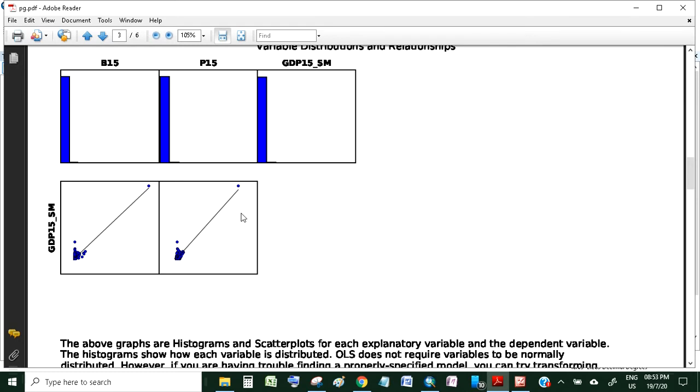Sometimes because of the lower values there is a problem, because of an extremely higher value there is a problem. But if you think that these lower and higher values are not a mistake, do not remove them, otherwise you will get less information.